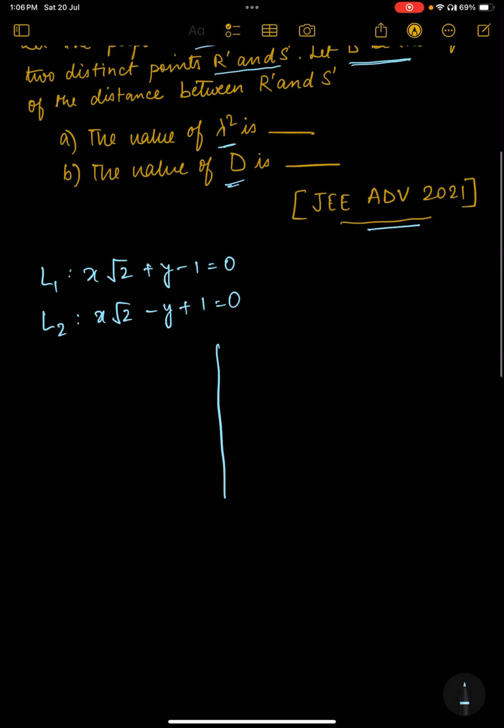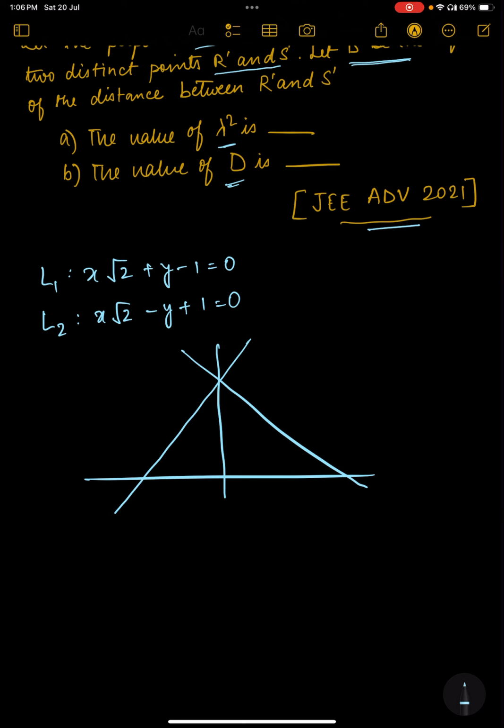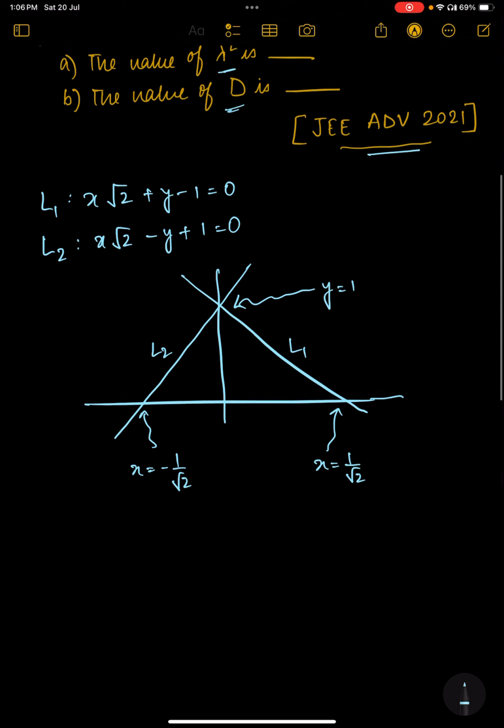Now, if I were to draw this on the xy plane, we will have something like this. Pardon my measurements, it could be very wrong, but it's supposed to give a rough idea. So this point is y is equal to 1, and this line is L1, and this line is L2. The point here is x is equal to minus 1 by root 2, and the point here is x equal to 1 by root 2, which is plus.